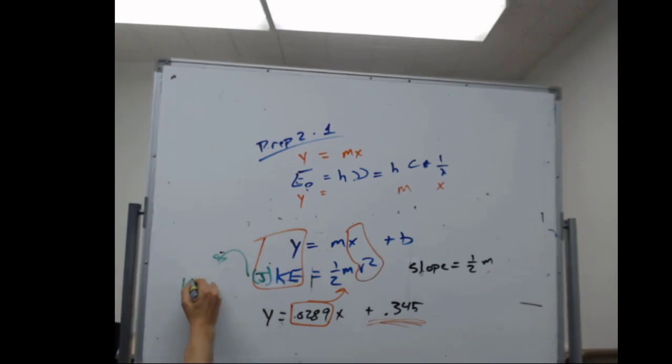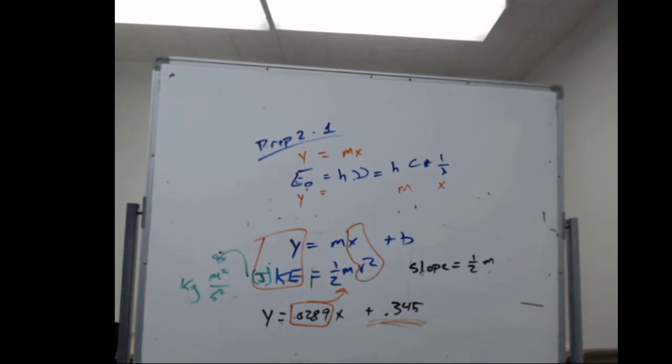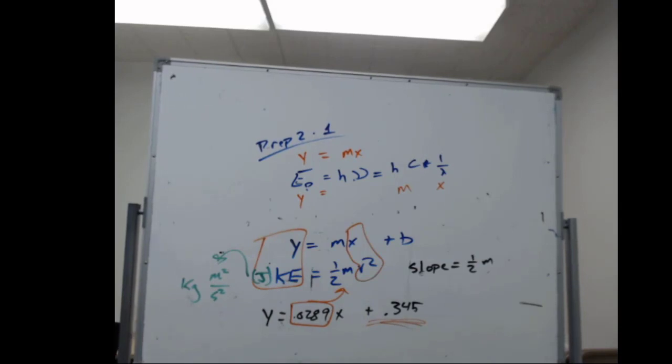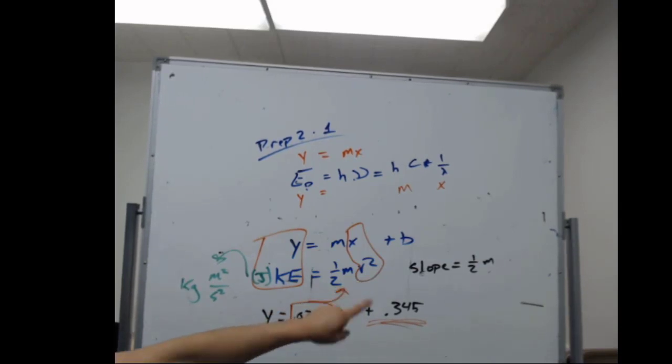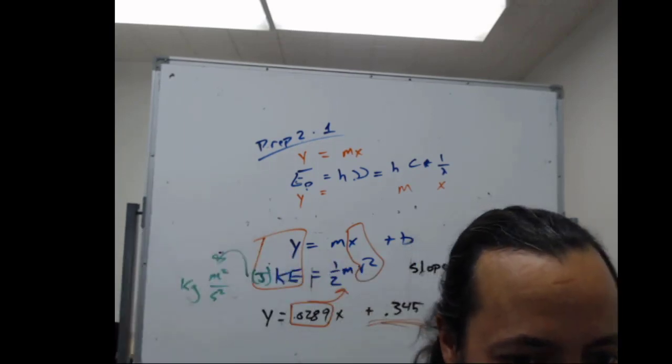And a joule is a kilogram meters squared per second squared. So when we get our mass, it's actually going to be in kilograms. So you have to take your slope, multiply by 2, and then multiply by 1,000 in order to get it into the correct units.